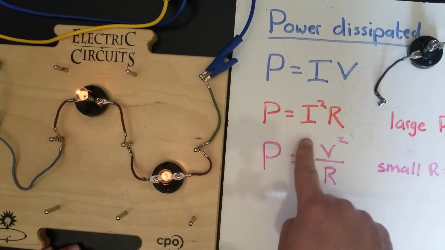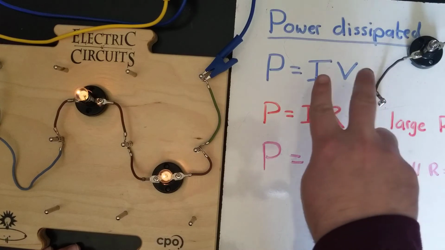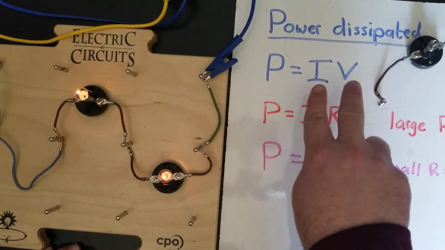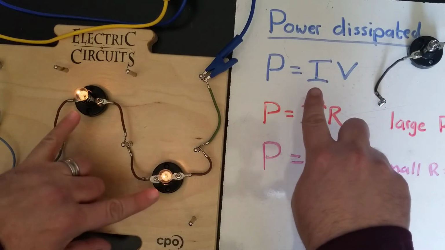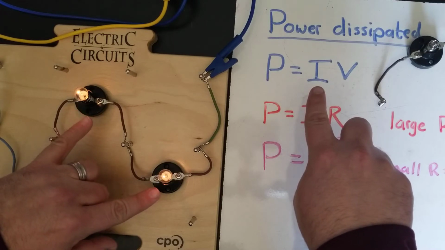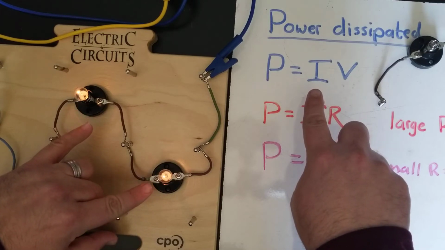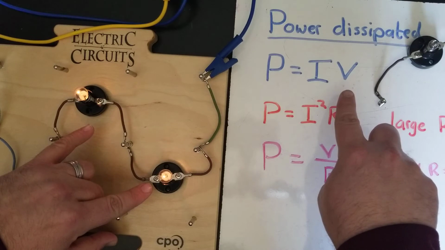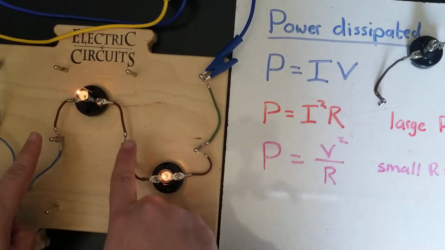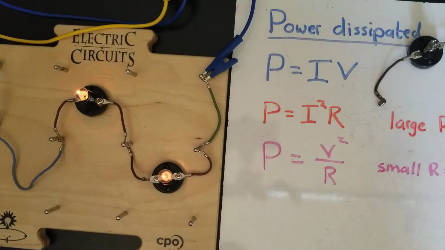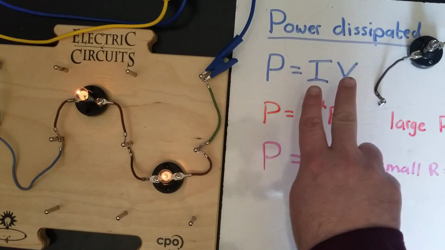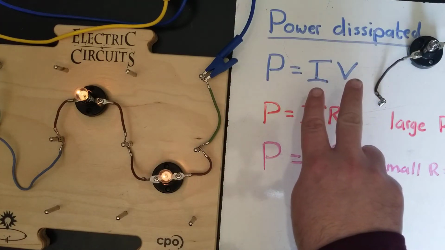And so if we look at the top expression of this, we're actually reducing both of these quantities. We're reducing the current because we made the resistance for the whole circuit larger by adding them in series, and we're reducing the potential because now the sum of the two potentials has to add up to the potential of the battery. So really there are two factors that are both reducing the power in the same manner.